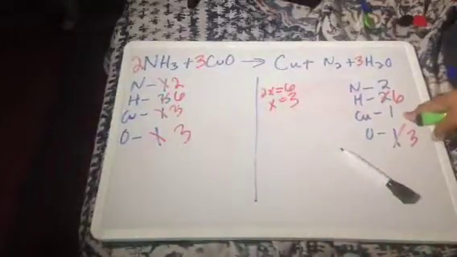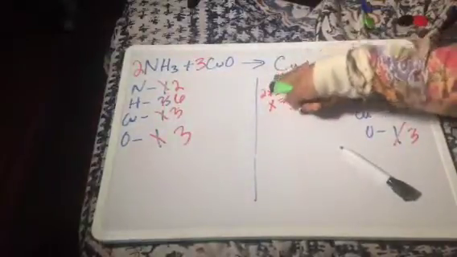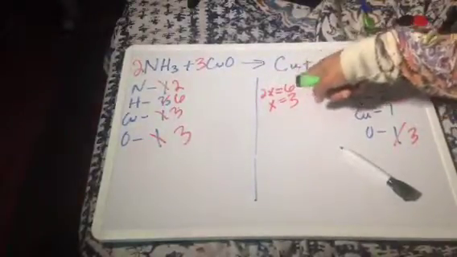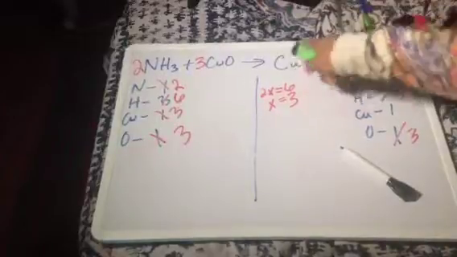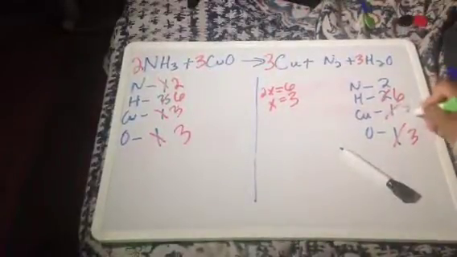Now, if we look at our coppers, we have 3 coppers over here after balancing our oxygens, and we have 1 copper over here. But it appears that we've lucked out because we have a single copper over on the right side. So all we have to do to balance this equation is add a 3 here. Now let's give ourselves a check.